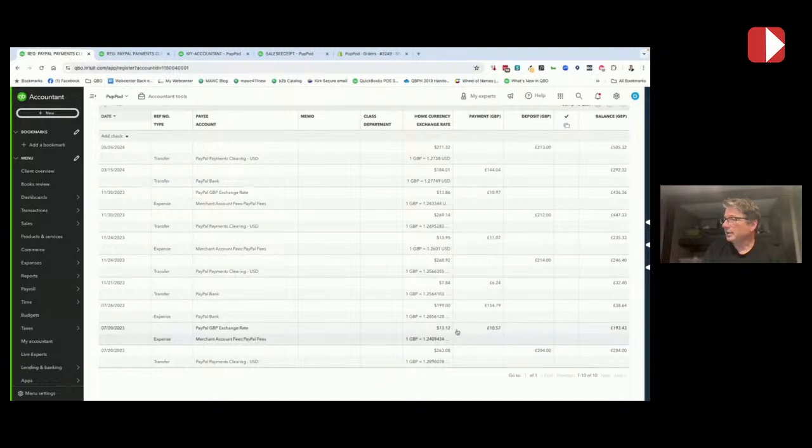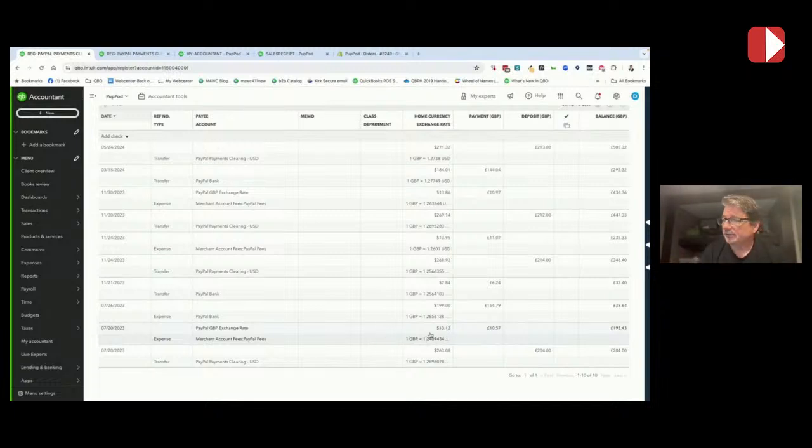So we move that over, and then we can recognize the fees, which was done in pounds. So the 10.57 pounds. I don't know how to say pounds in dollars and cents. So that's part of the challenge here. But that was $13.12 in the U.S. dollar home currency, right?